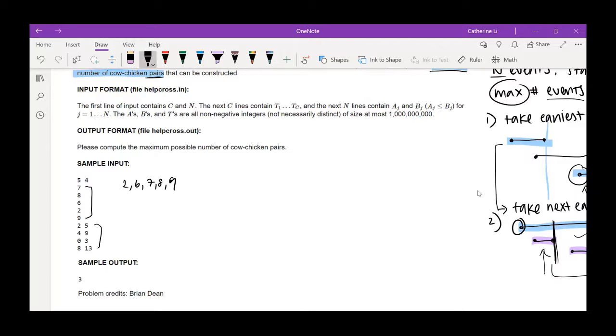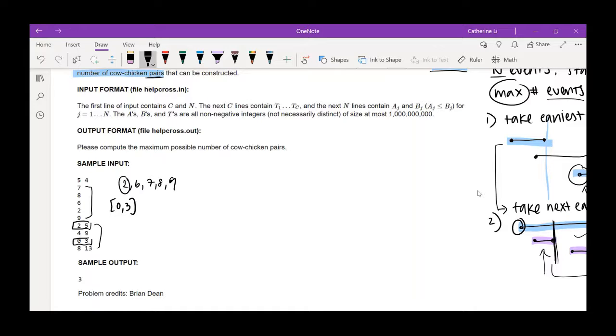So we go through the chickens and see if we can pair a cow with each one. For 2, it falls into 2, 5, and 0, 3. Using the principle we discovered before, we take 0, 3 instead of 2, 5. It's not because it starts earlier, but because it ends earlier, because 3 is less than 5.